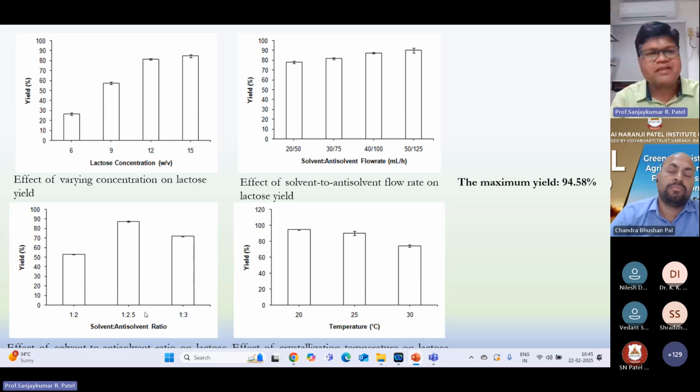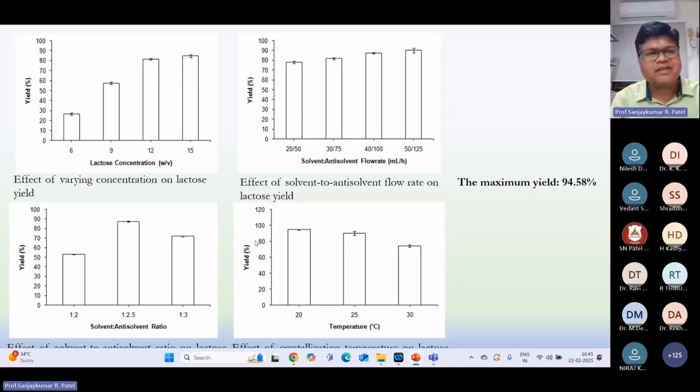In the case of temperature changes also, we have seen the effect on the lactose recovery. Okay, it is obvious that because of the solubility at the lower temperature, we'll get the highest yield in comparison to the other two temperatures.